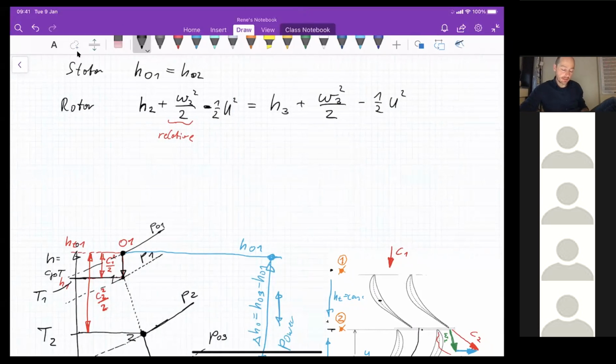So if I derive this, then I can say that the quantity that stays constant across the rotor is my Rotalpy, which is usually defined as I, and we call it that H plus 1/2 W squared minus 1/2 U squared is equal to constant.